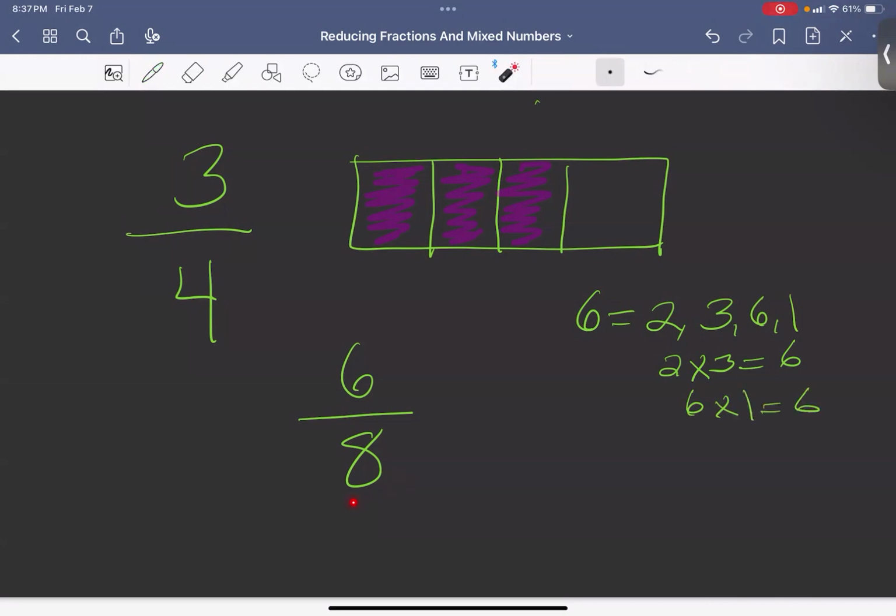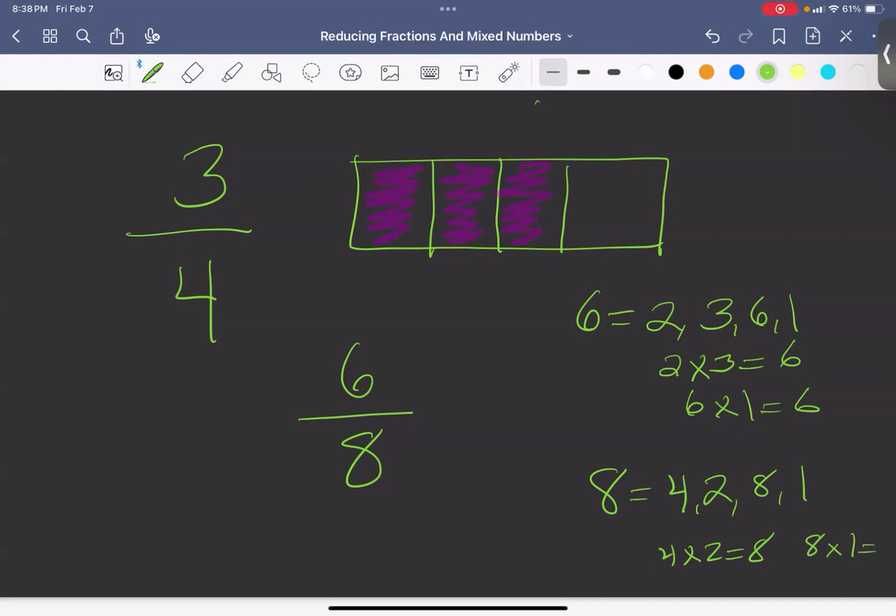Let me look at the number 8. What are the factors of 8? In 8, I could do 4 and 2 because 4 times 2 equals 8. I could also do 8 and 1 because 8 times 1 equals 8.